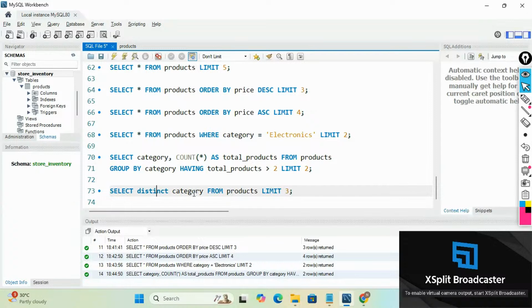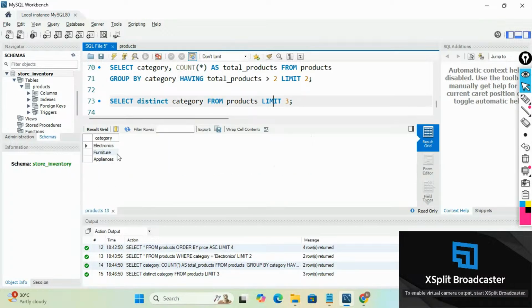Only the unique values under the category column should be returned. Only the top three. Anyhow, we have three, so those three will be returned.